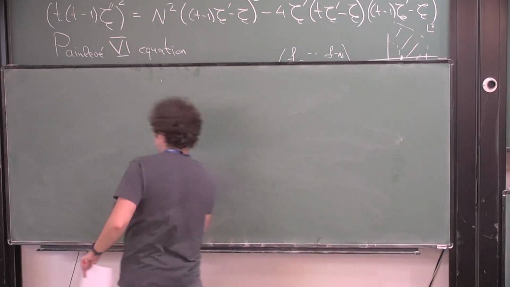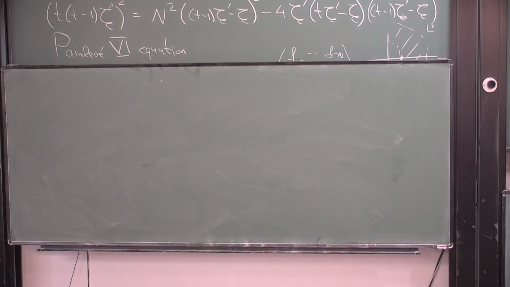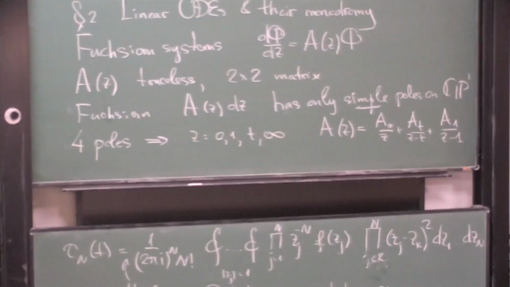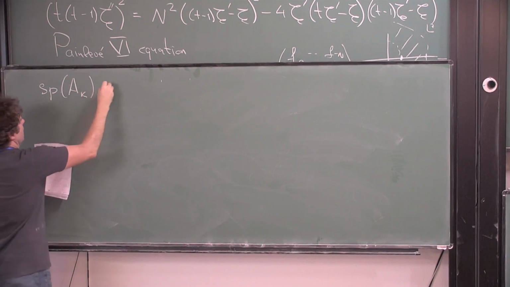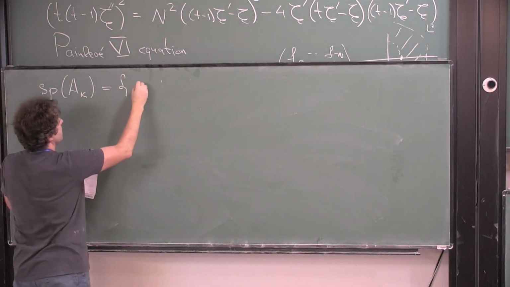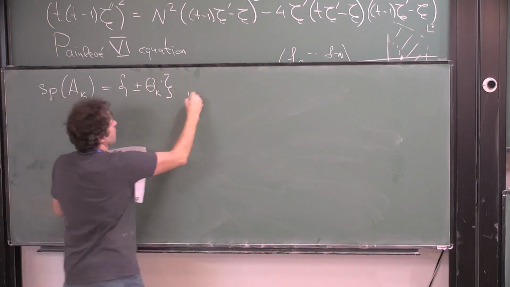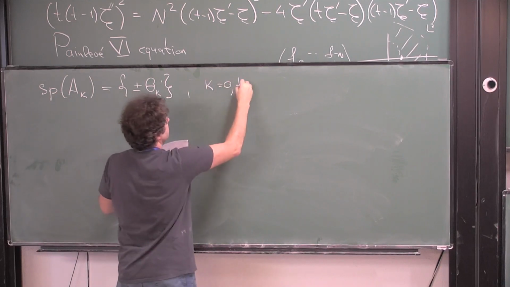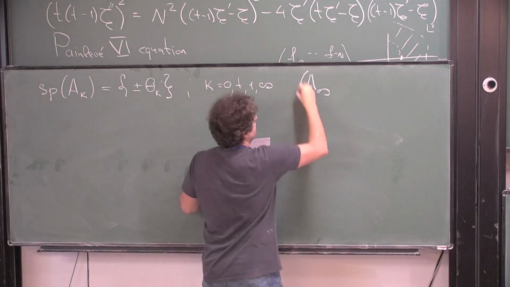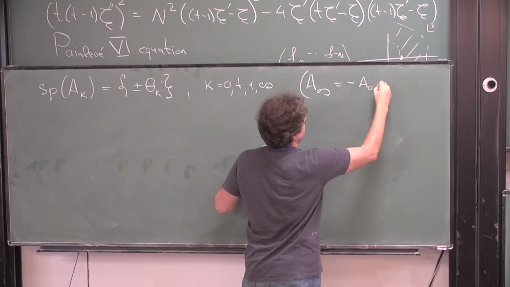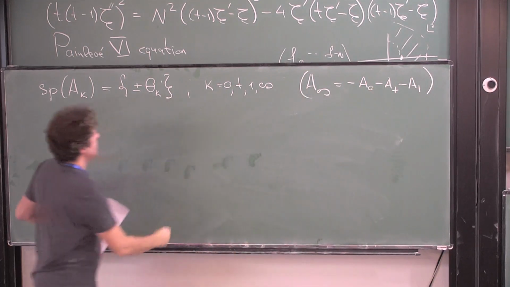We will introduce a notation for the eigenvalues of this matrix residues at the singularities. So we will denote these eigenvalues as plus minus theta k, for k equals 0, t, 1, and infinity, where A infinity is minus the sum of the 3 residues.